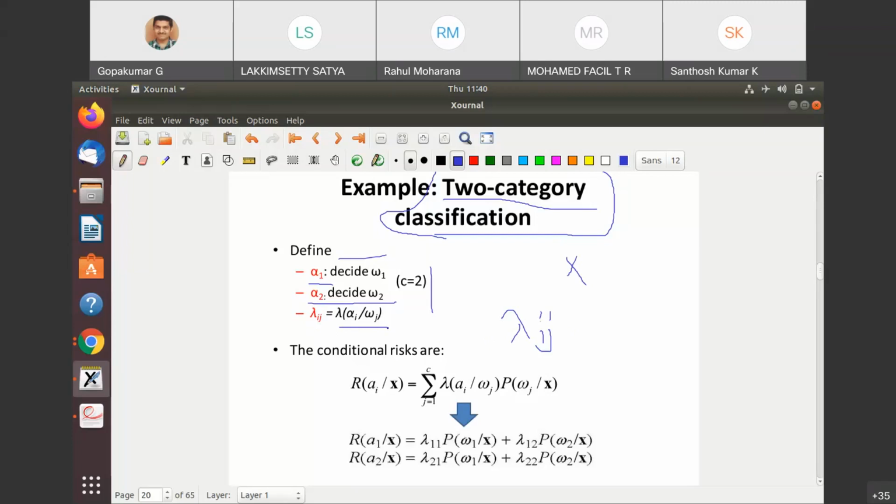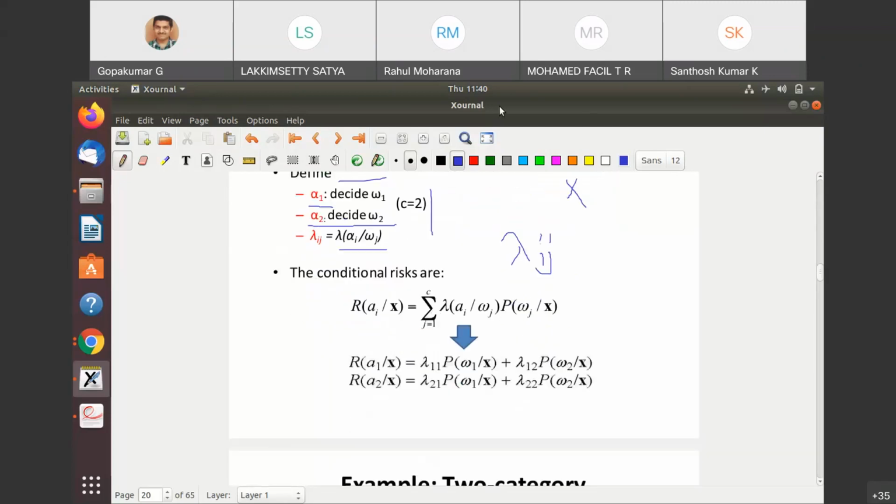Depending upon the action taken, there will be a loss associated with it. So this is the conditional risk. The expression will have a sum over j equal to 1 to c, that is j equal to 1 to 2 in this case, of lambda of alpha i given wj into p of wj given x. Using this notation, we get these two equations.